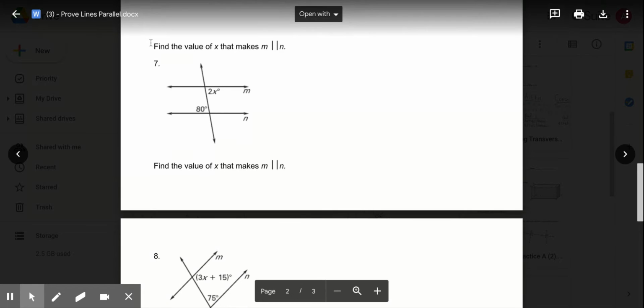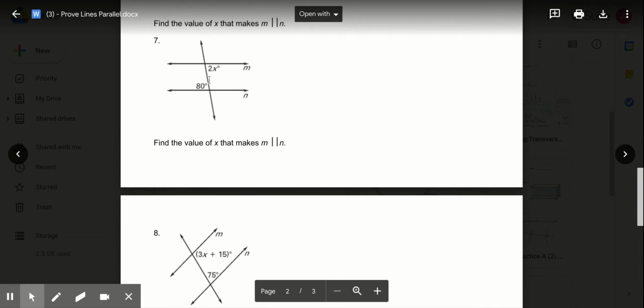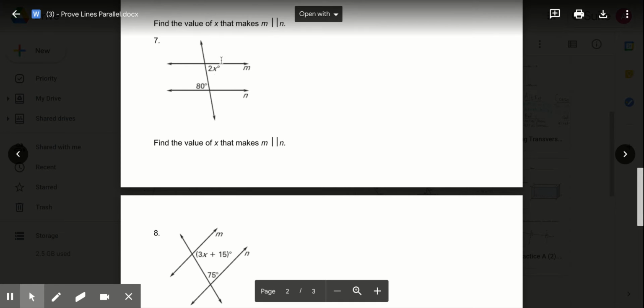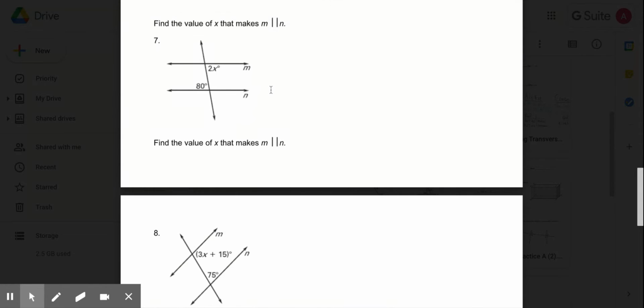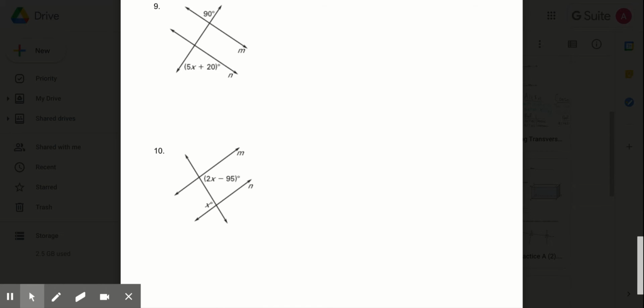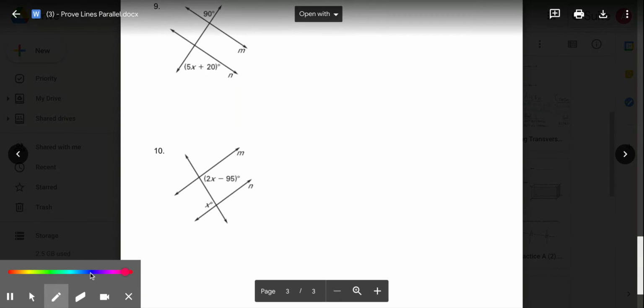And then other new types of problems like this, find the value of x that makes it so they're parallel. So what value would I have to plug in here so I know it's parallel? Well, this would have to be 40 because that's the only way these would be the same. And these must be the same in order for m and n to be parallel. So if I wanted to do one really quick, looking at a problem like this, I would have to say, I need these alternate interior to be the same for it to be parallel.